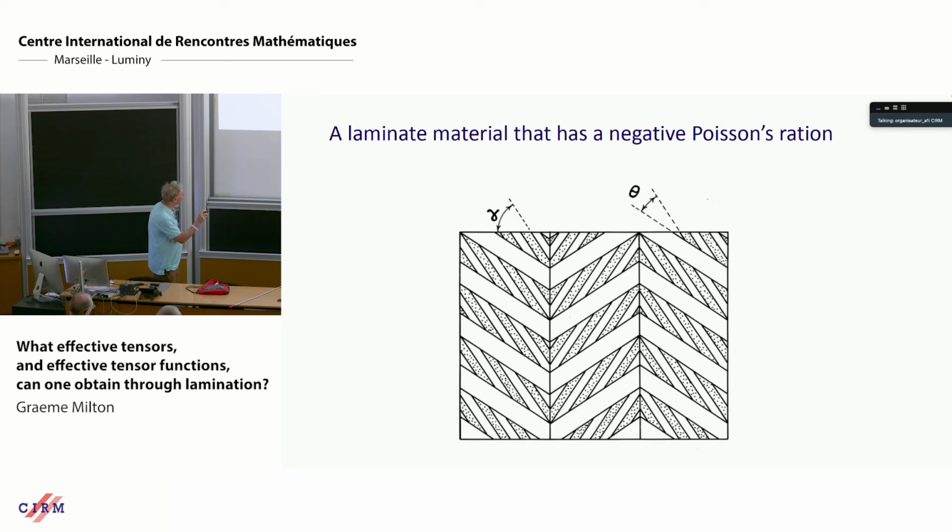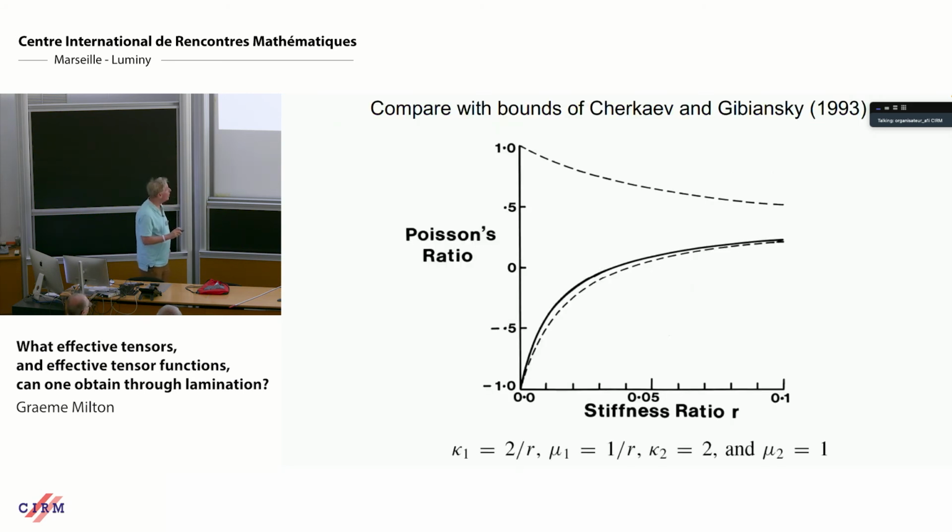But you've got these chevron type structures, and so if these get pulled apart, this point goes up, and so this basically gives you your negative Poisson's ratio, and it does quite well.